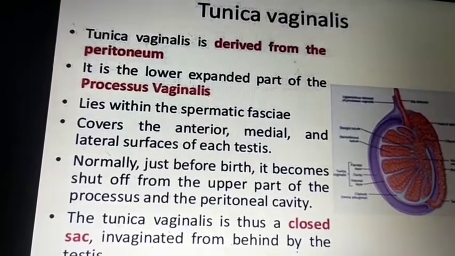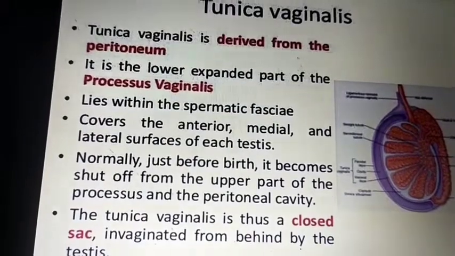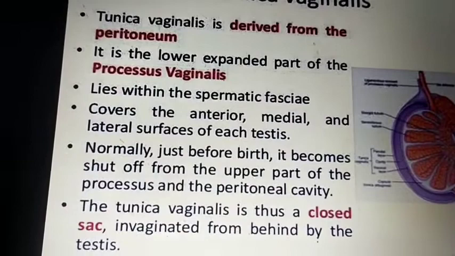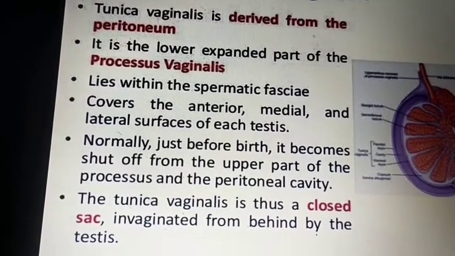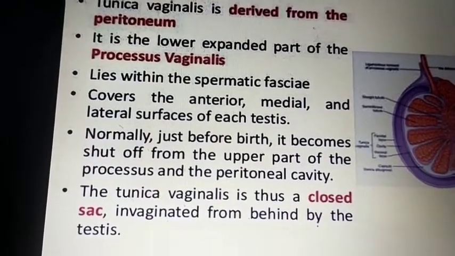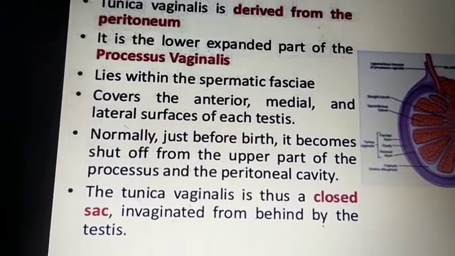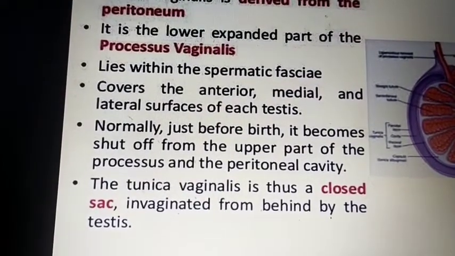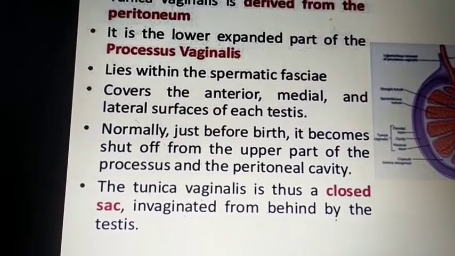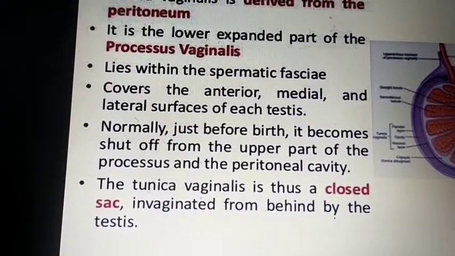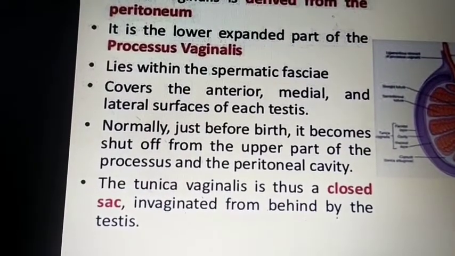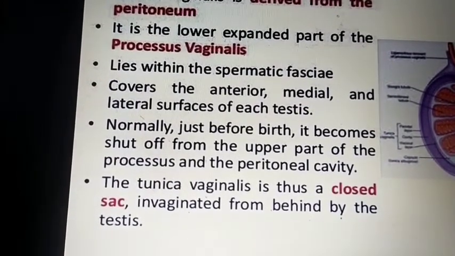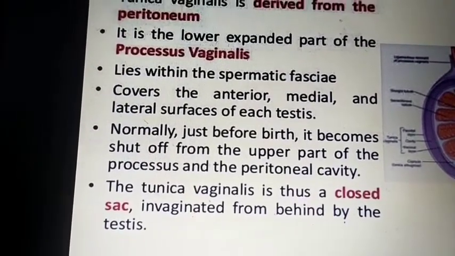Because of the descent of the testis, the peritoneum also comes to the scrotum, and that peritoneal part is called the processus vaginalis. Afterwards, this processus vaginalis is obliterated and forms the tunica vaginalis.